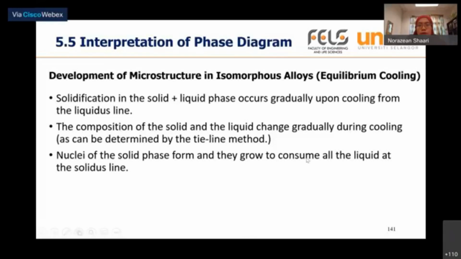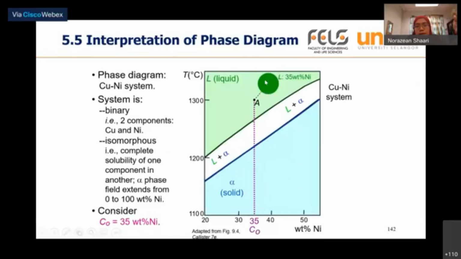Okay, contoh yang ni daripada liquid to solid, okay, which is a cooling process.